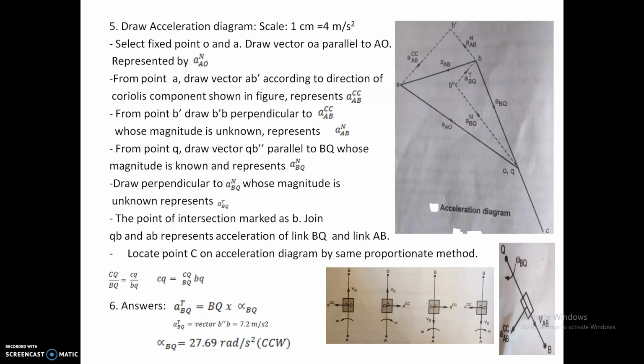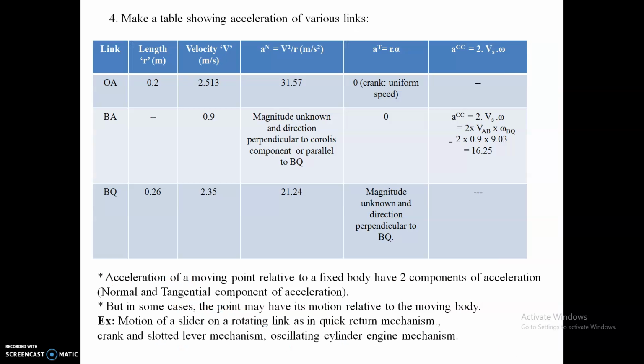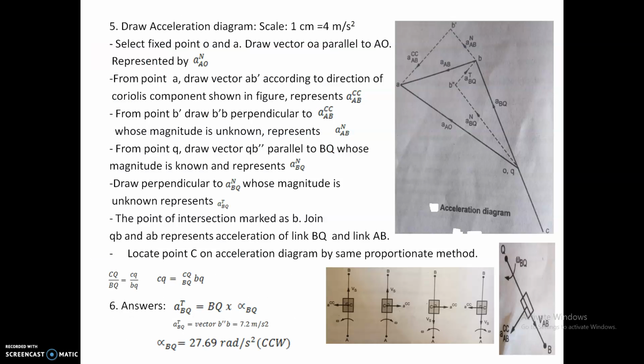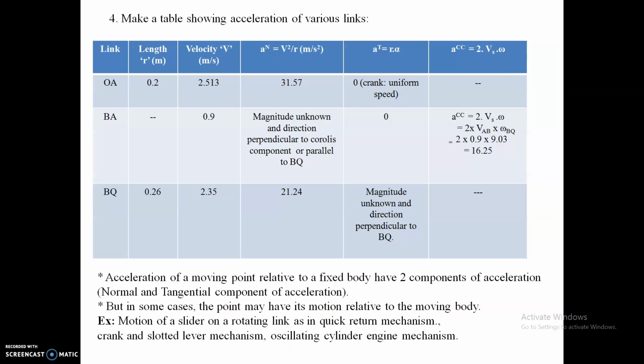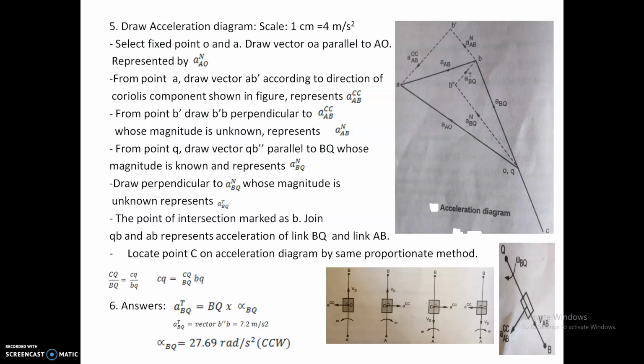You take this magnitude, 31.57 divided by scale, which almost comes to 7 point something centimeters. You take that length as the magnitude of the normal component of the crank, and the tangential component is 0 because the crank is moving with uniform speed.